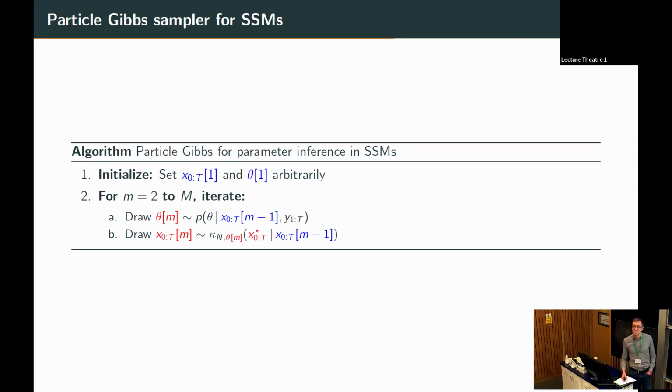This requires algebraic manipulation in order to obtain the conditional distributions for step 2a. Yeah, exactly. That is essentially a standard Gibbs move on theta, which we assume we can do in some way. Either you have this closed form, or maybe it is simple enough so that you can do some Metropolis-Hastings move on this part.